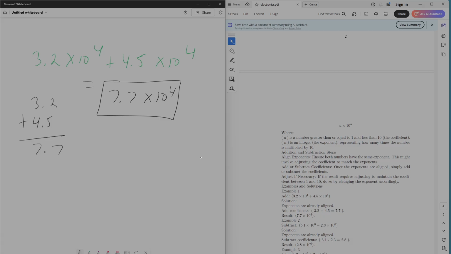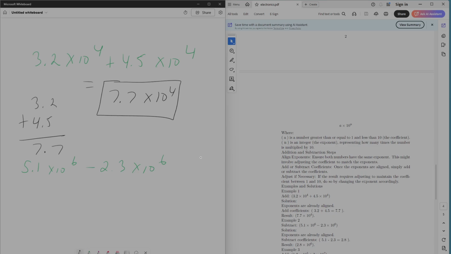Let's do example number 2. Example number 2 says 5.1 times 10 to the 6 minus 2.3 times 10 to the 6. The exponents are both 6, so everything is aligned already.